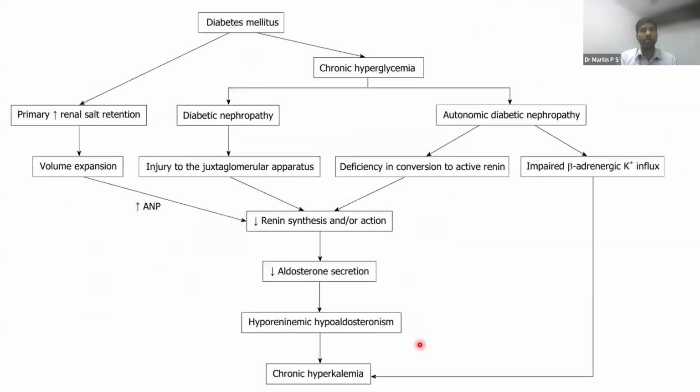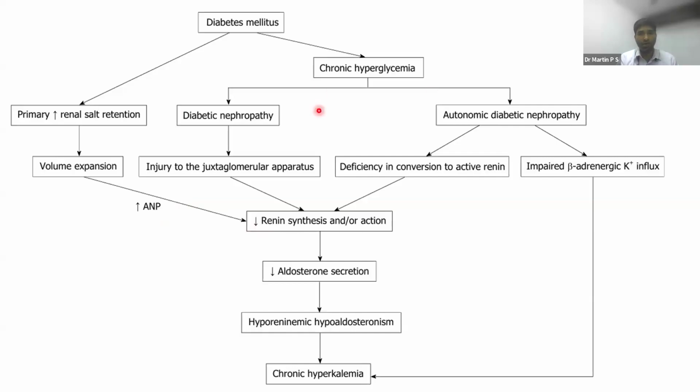Not only that, diabetic patients are prone to develop hyperkalemia due to low renin because they already are in a volume expanded state and there will be high levels of atrial natriuretic peptide, which itself decreases the renin secretion.